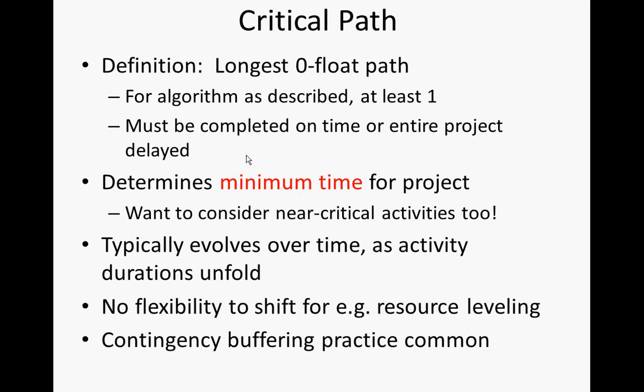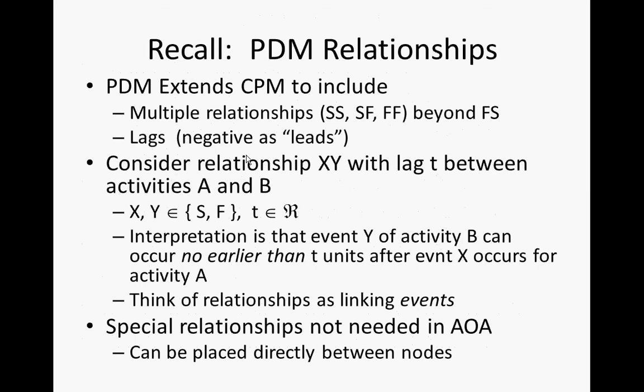It's quite common that you might, for example, create contingency buffers, some amount of slack deliberately at certain points within your project to accommodate some of these dependencies. There's a technique known as precedence diagram method, which is actually more popular than pure CPM these days, which extends to multiple relationships, and you can have what are called lags within that.